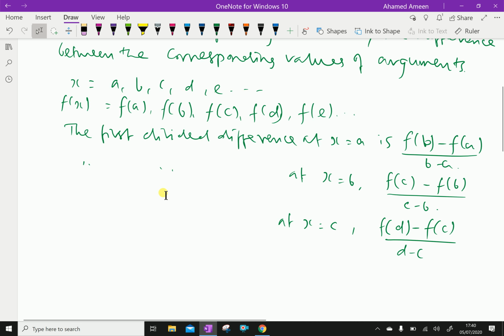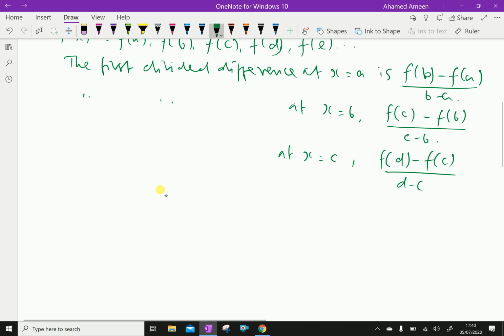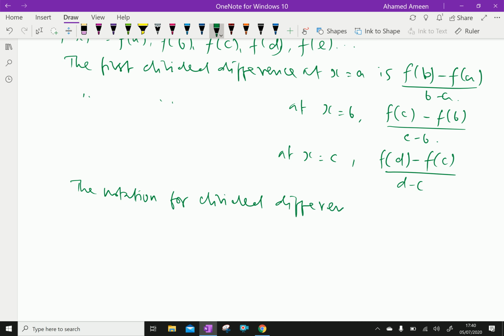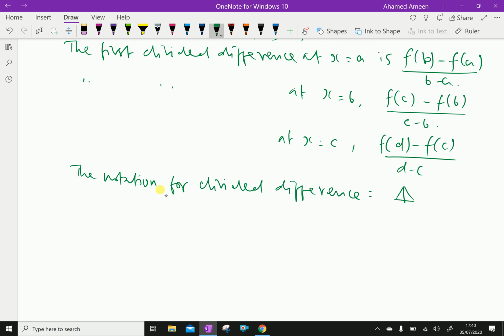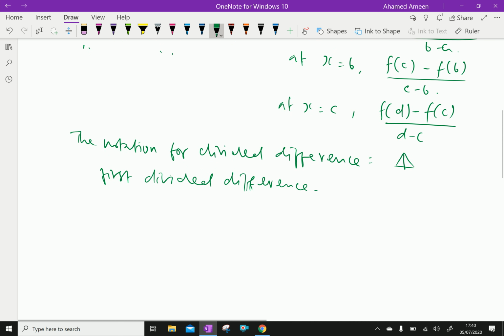Now the notation for divided difference: we will use delta with a cross. The first divided difference we denote by delta cross f of x.